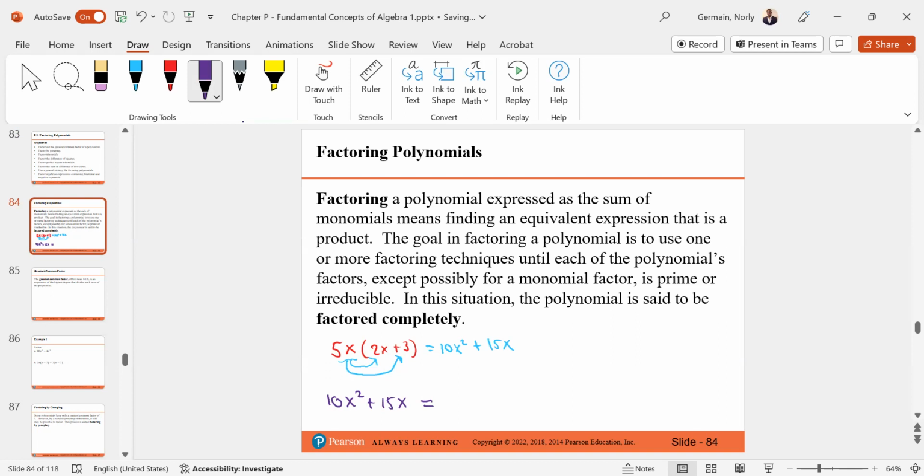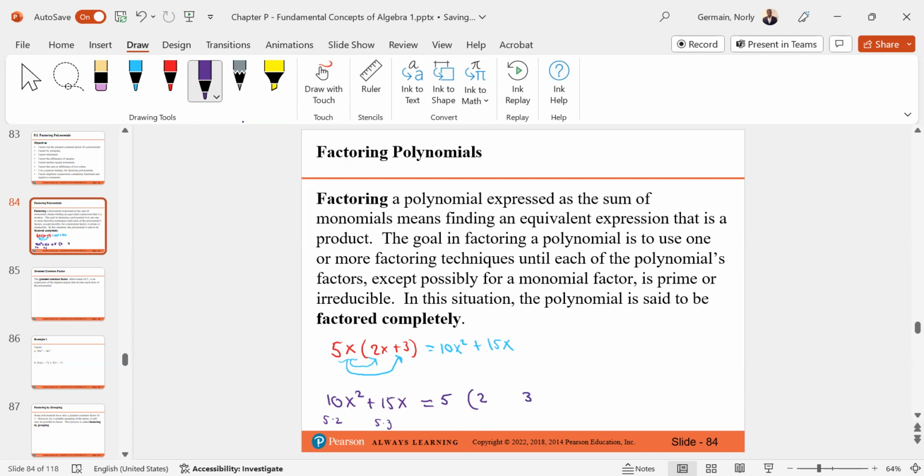First of all, let's look at the coefficients. What factors are common to 10 and 15? Well, 10 is 2 times 5, and 15 is 3 times 5. Because both of them have a 5, we can write this one as 5 times 2, and this one as 5 times 3. So we know 5 is a factor, but inside of the parentheses there will be a 2 left for the first term and a 3 left for the second.